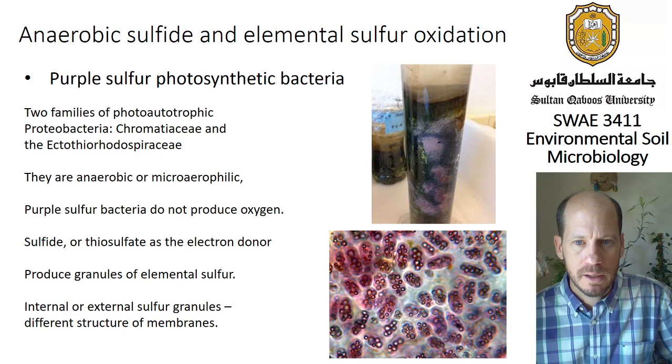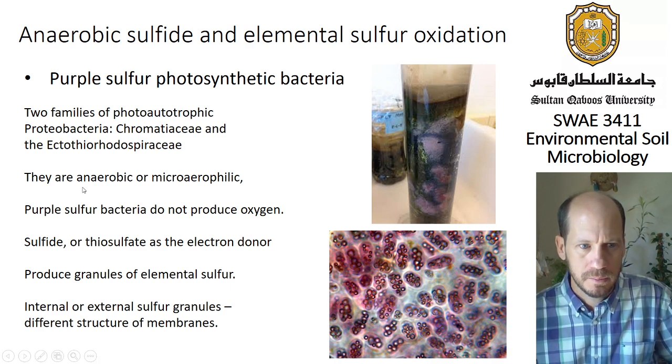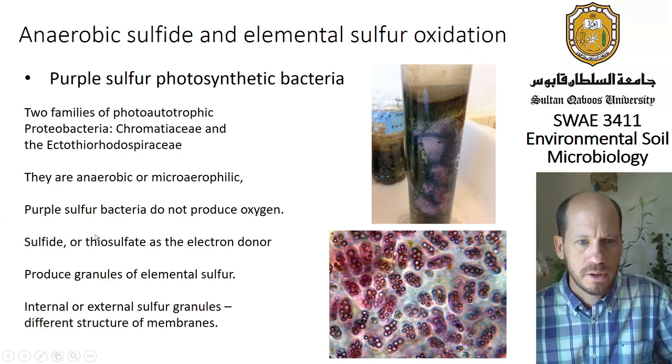It's important to say that both purple sulfur bacteria and green sulfur bacteria are not using water, and therefore they're not producing oxygen in this photosynthesis, yeah? The sulfides or thiosulfate are the electron donors in these systems, and they produce granules of elemental sulfur.